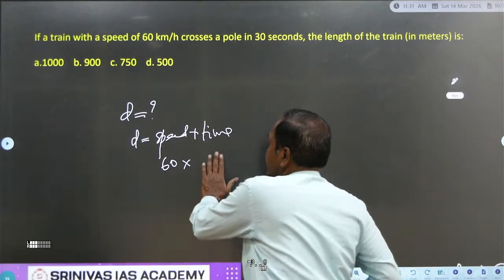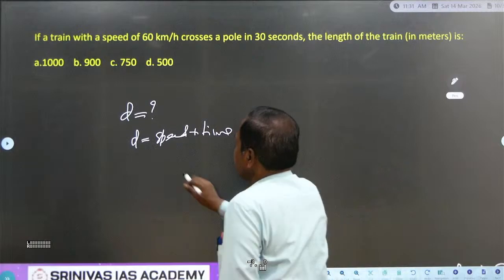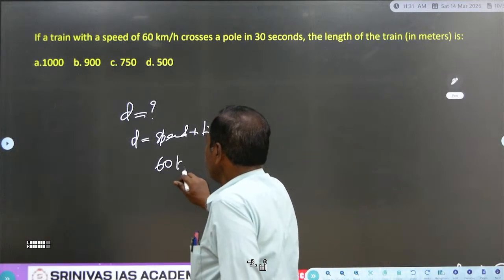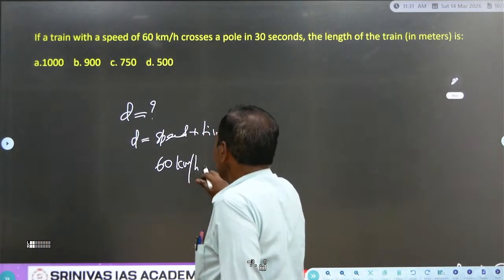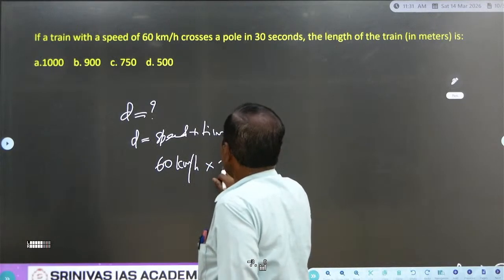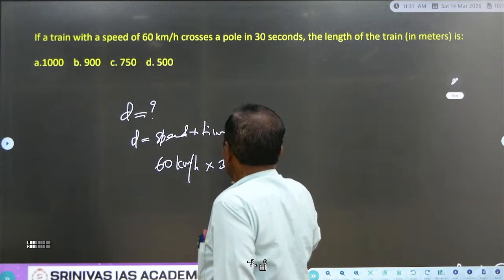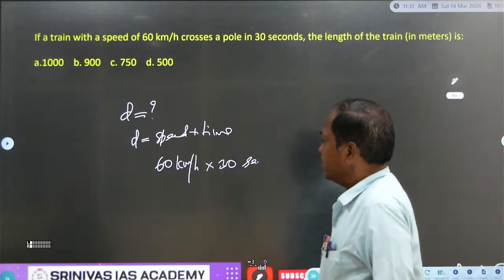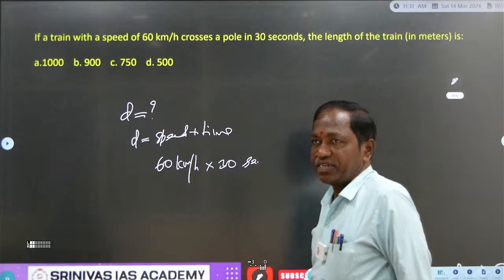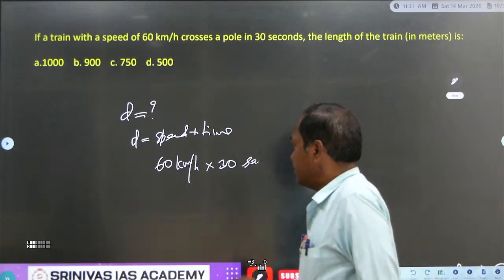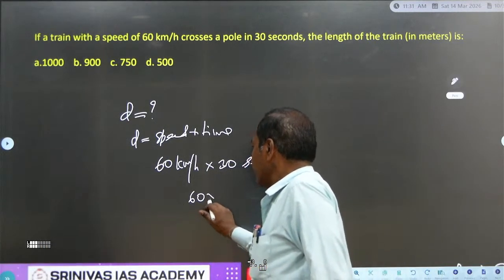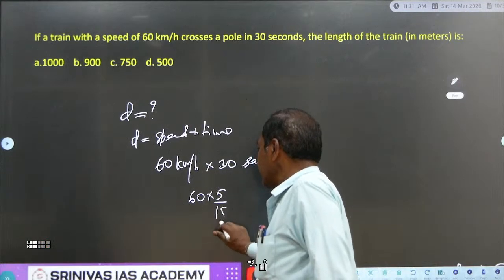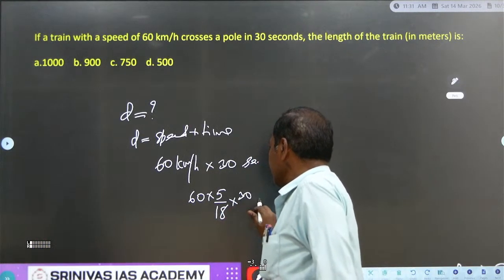Then you have to change this. 60 kilometers per hour into time is 30 seconds, right? Because this is given in seconds, this should be converted to meters per second. You cannot do it directly. Yes, 60 into 5 by 18 into 30 is what?